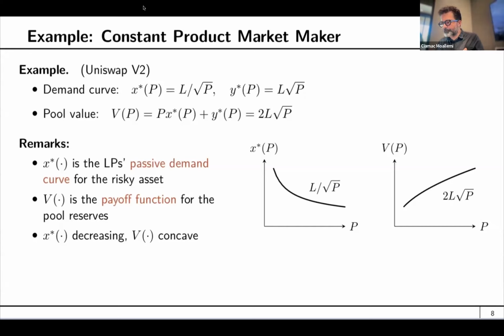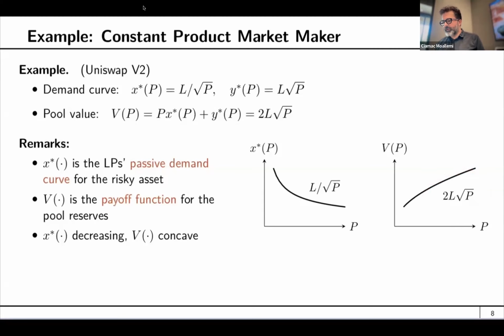Similarly, we can view the object V of P, the pool value function, as kind of a payoff function. Again, if you're a liquidity provider and you decide to participate in this pool, you can anticipate in advance that there are going to be arbitrageurs, and because of that arbitrage activity, in effect, you're implicitly committing that as the price changes, the value of your tokens in the pool will change according to the formula given by the pool value function.